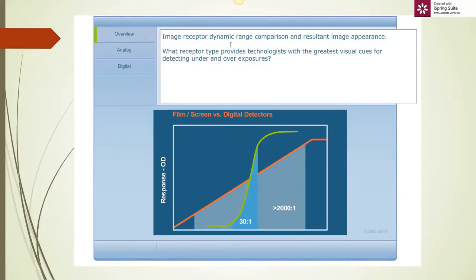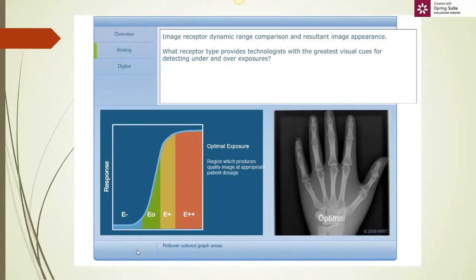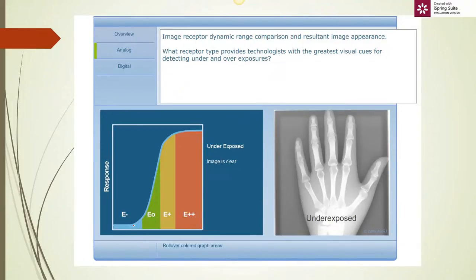All right, take a look at a little bit of what I was talking about here. The dynamic range of your image receptors, film screen versus digital. And by the way, when I'm talking about digital, I'm talking about CR and DR at this point. If you are looking at the analog version of things, if you are down here at the low end, you're going to anticipate that you have very, very little value and you end up with an unexposed image.